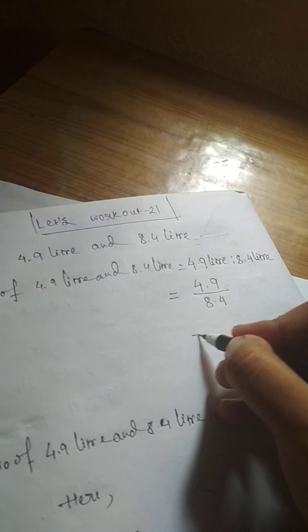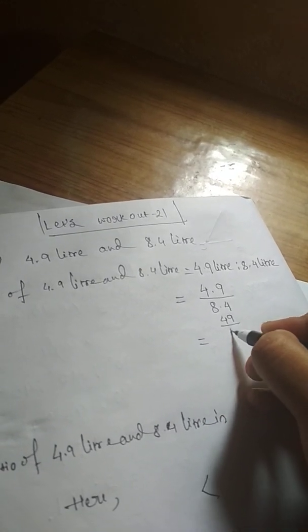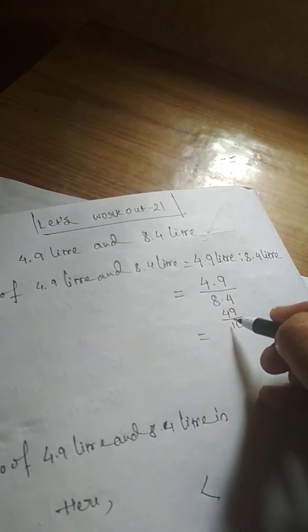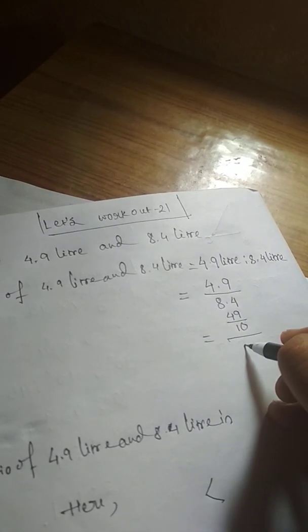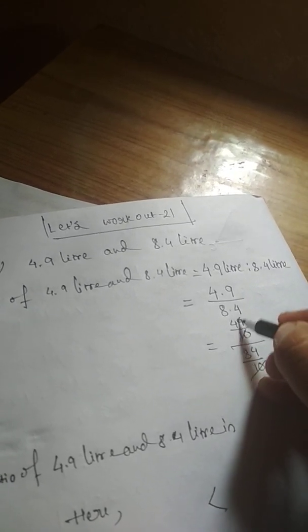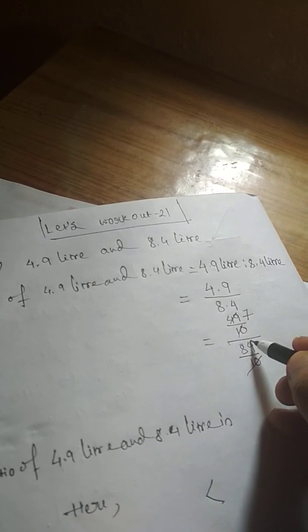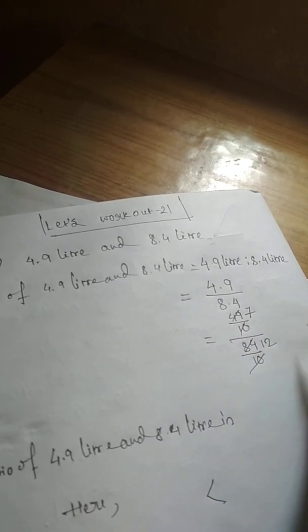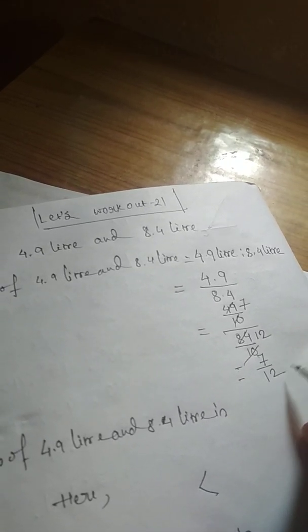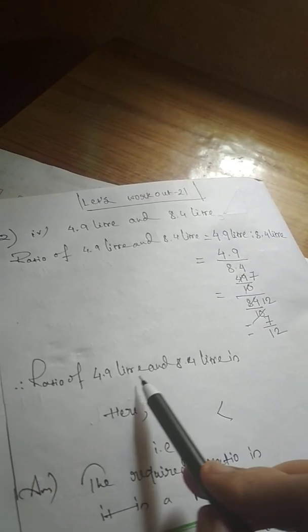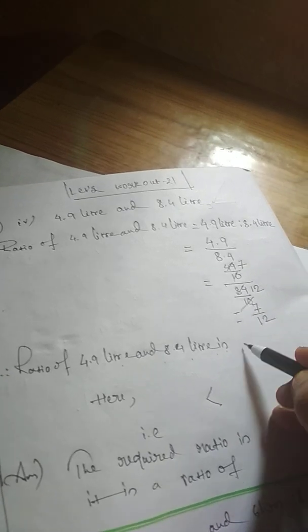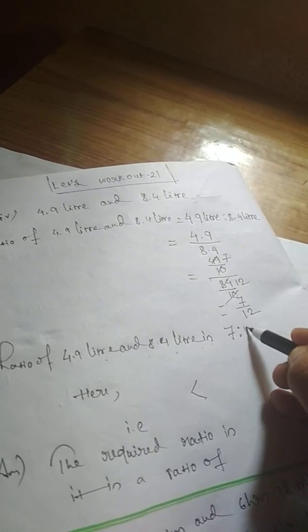Both are in decimal, so we will write it like this: 49 by 10, that means 4.9 is 49 by 10, and 8.4 means 84 by 10. This 10 cuts 10, 7 sevens are 49, 7 ones are 7, 7 twos are 14. So what is the final answer? 7 by 12. Therefore the ratio of 4.9 liter and 8.4 liter is 7 by 12.